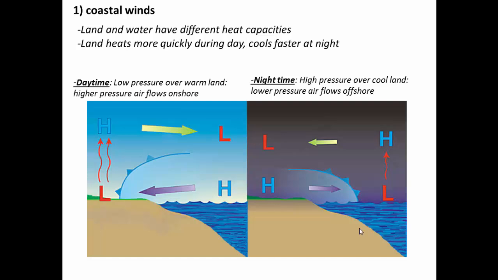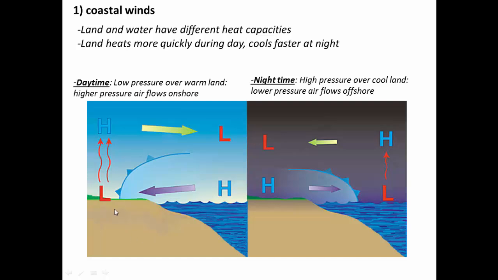And the idea here is that land and water have very different heat capacities. Land has a low heat capacity, so it changes temperature really easily between day and night. Whereas water has a high heat capacity, and basically doesn't change temperature between day and night. So what does this mean?